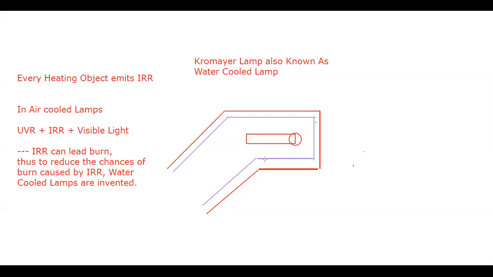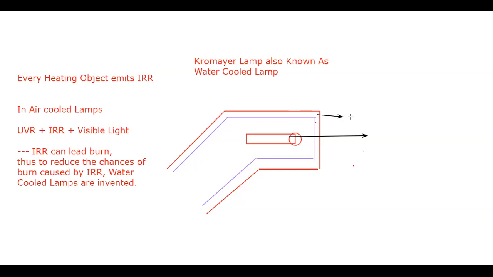Okay. So now I will label this, the inner part which you are seeing. This is nothing but your burner. Okay, this is your burner. Second one is the outer jacket.